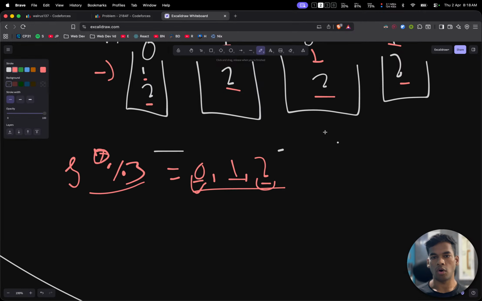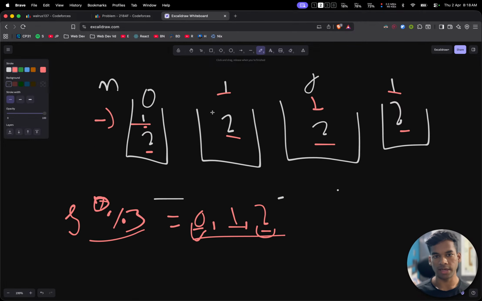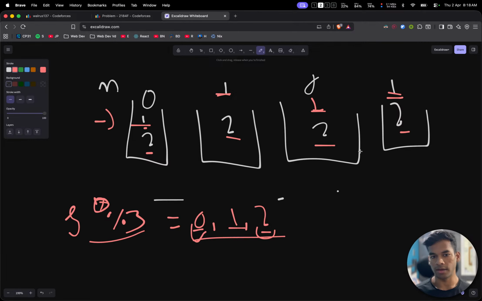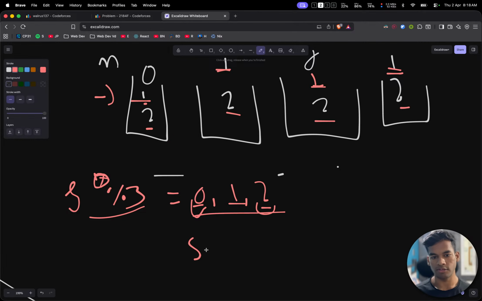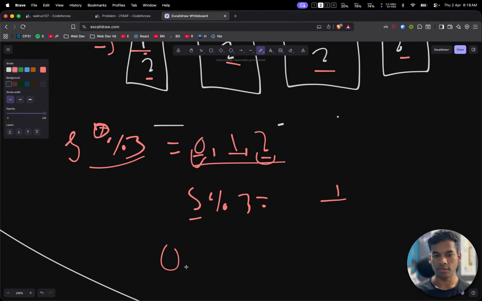Since we can always choose 1, we would choose only ones from all the values, and then we will see, let's say the sum becomes s and we take a remainder with 3. Let's say it turns out to be 1. Now we need to see if 0 or 2 is a possibility.